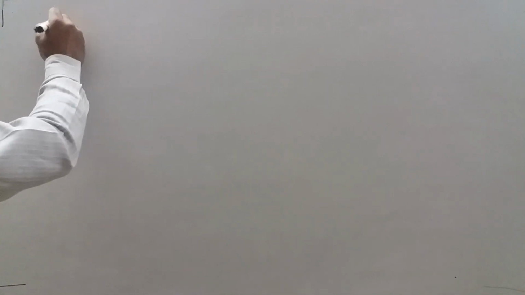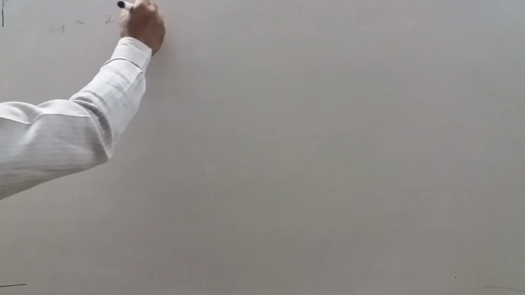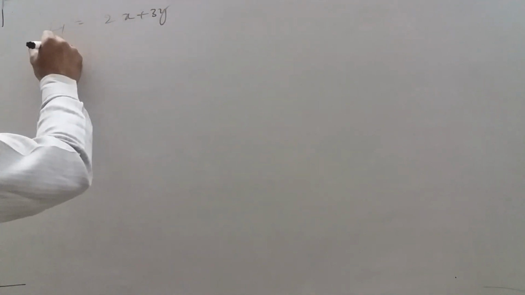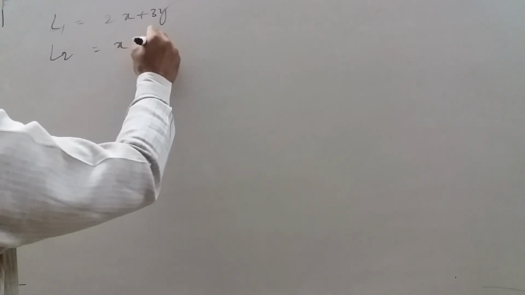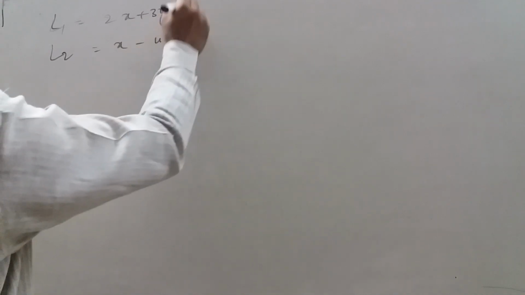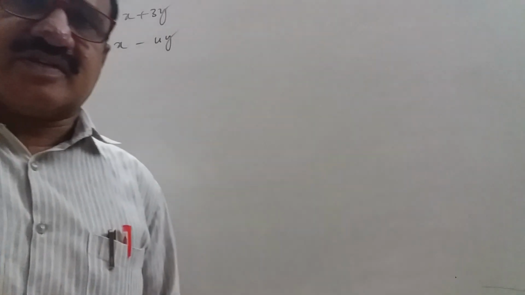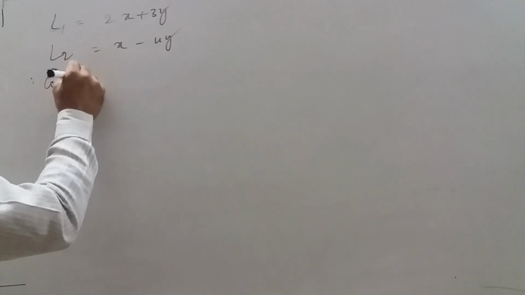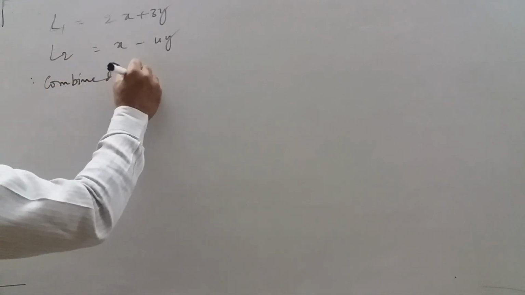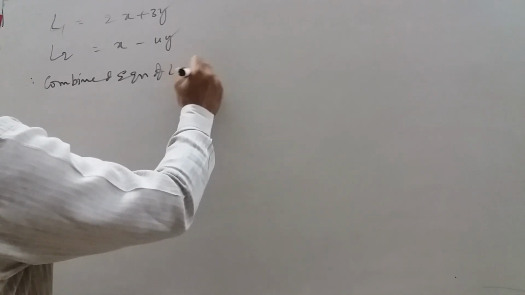Let L1 is equal to 2x plus 3y, L2 is equal to x minus 4y. Then how can we find the combined equation of L1 is equal to 0 and L2 is equal to 0?